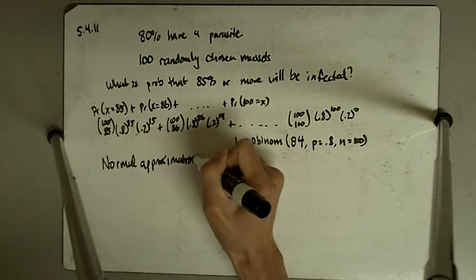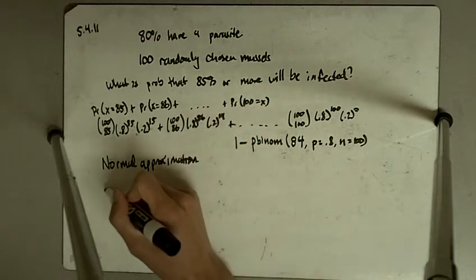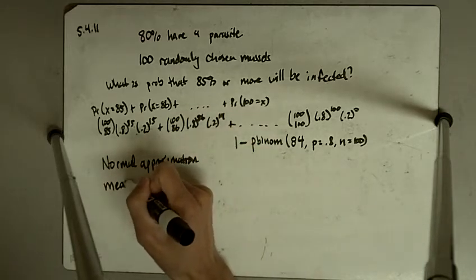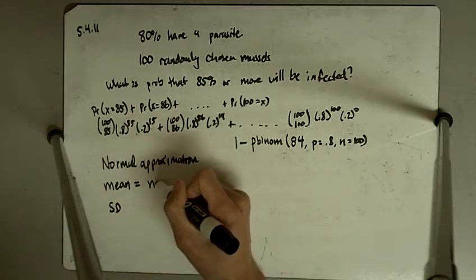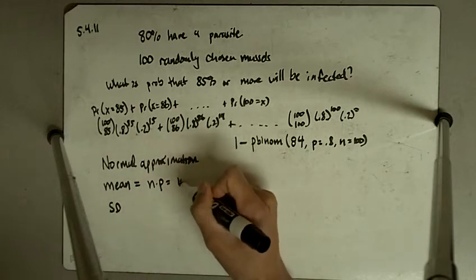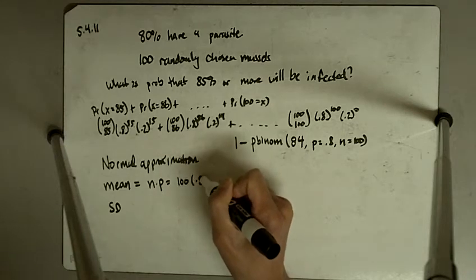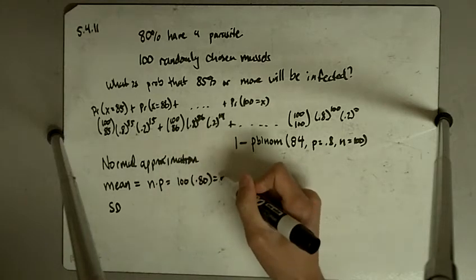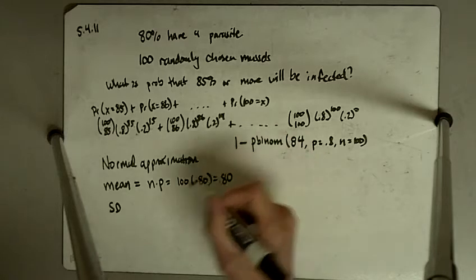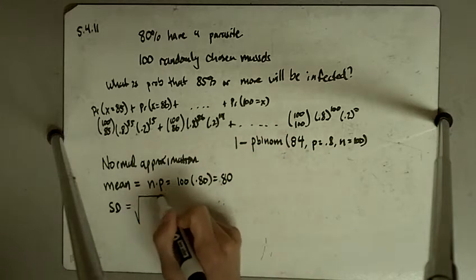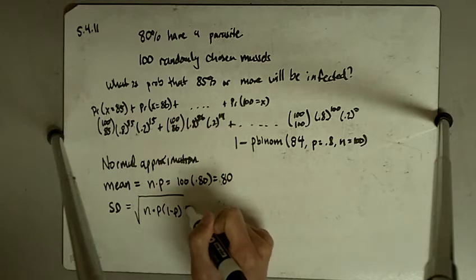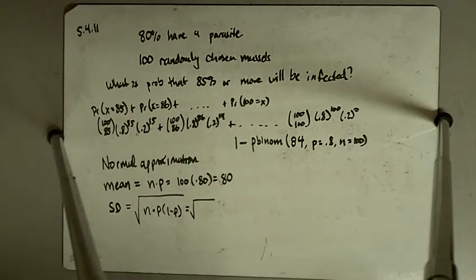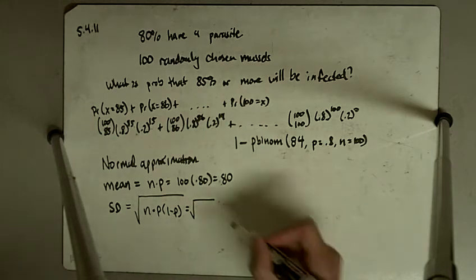Okay, and so for our normal approximation, we've got to figure out the mean and the standard deviation. So our mean is going to be n times p, or in this case 100 times 0.80, which gives us a mean of 80. And our standard deviation is going to be the square root of n times p times 1 minus p, which is the square root of 80 times 0.2, square root of 16.